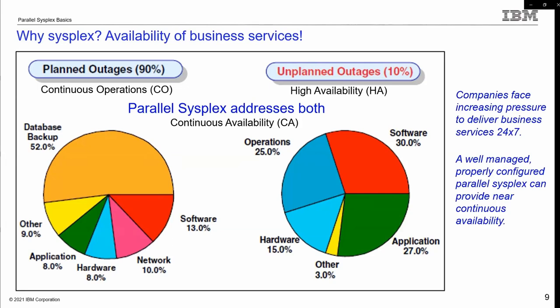Parallel Sysplex addresses both of these by having multiple images of z/OS that are working together in parallel to accomplish the goal of having the application always up. And there's a number of technologies we're going to be talking about that just focus on making sure that we're continuously available, regardless of a planned outage when we have to apply maintenance or do some other kind of configuration change, or whether we have some severe unplanned outage. Parallel Sysplex addresses the idea for having continuous availability for our applications.